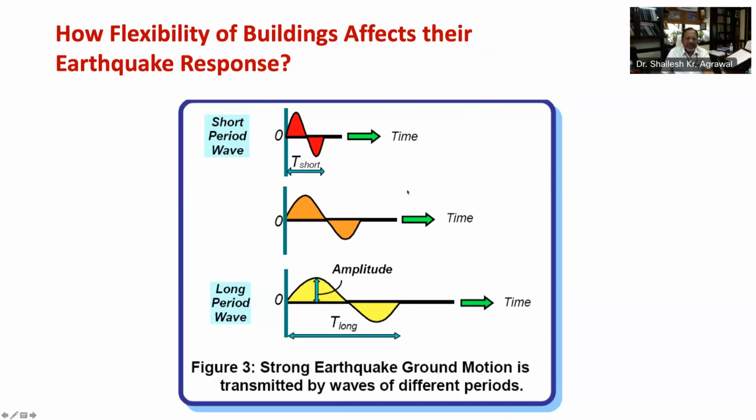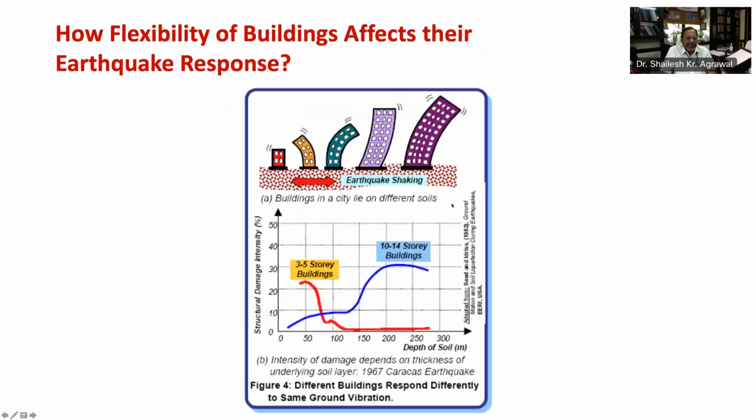Now let's say in a typical city, we have a building of different sizes and shapes. And one way of categorizing them is by their fundamental natural period, T. As shown in this figure 4A, the ground motion under these buildings vary across the city.